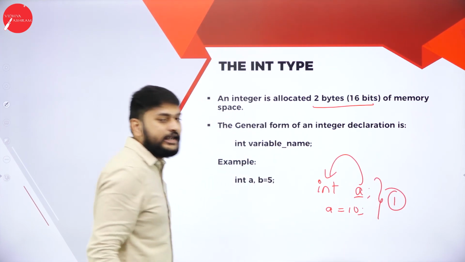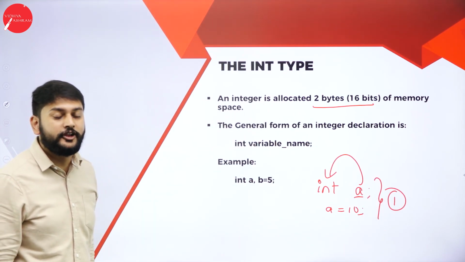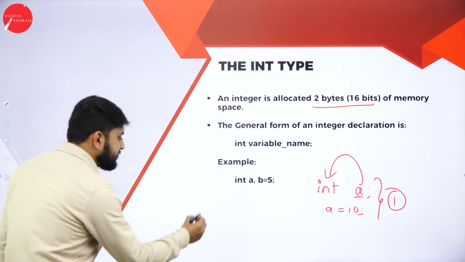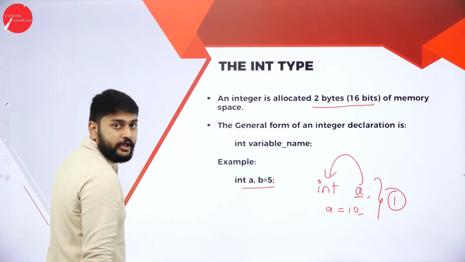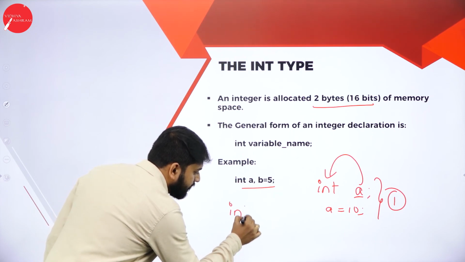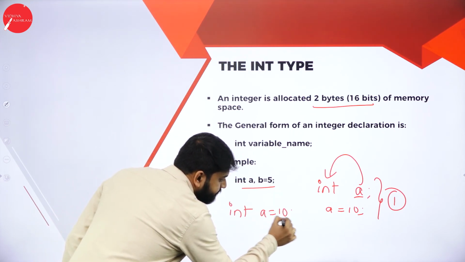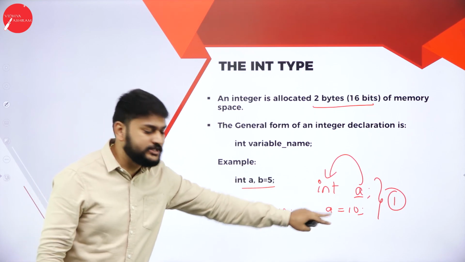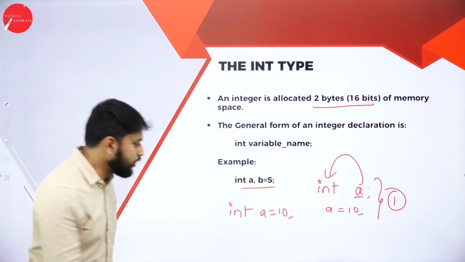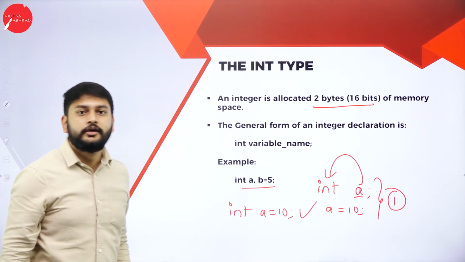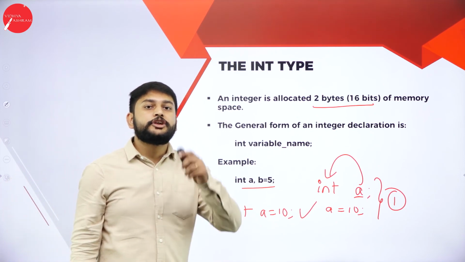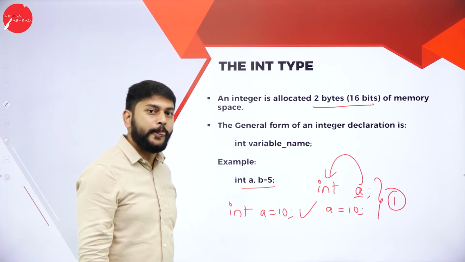This is one type of declaring an integer variable. What is the second type? Please observe here. I can also write int a is equal to 10. Instead of writing it in 2 lines, I can also write like this. This is also a valid statement. This is one of the important things that you should remember. Okay? So hope you got it.